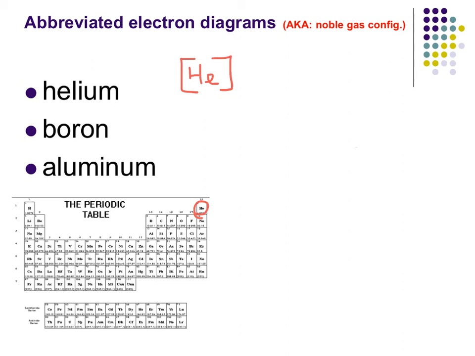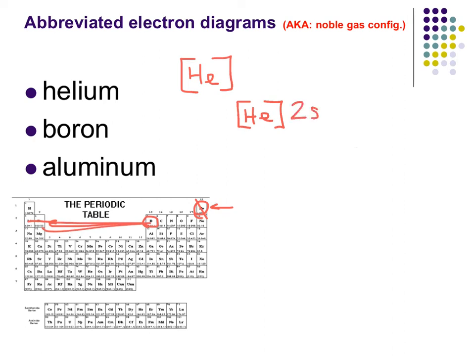Next, we would have boron. So boron, that's right here, and its previous noble gas would actually also be helium. But there's more to it, right? Because boron has a few more electrons. So that'll take care of everything up to helium, but then you also have to go through your 2s and your 2p.